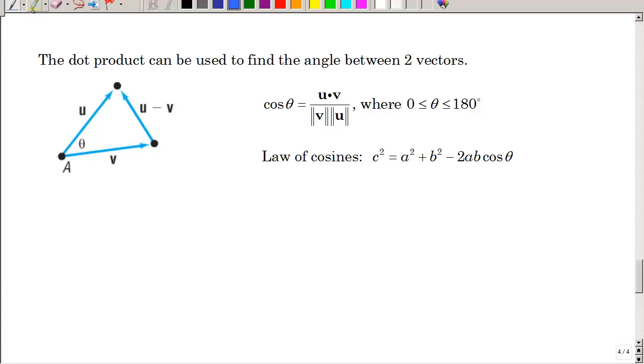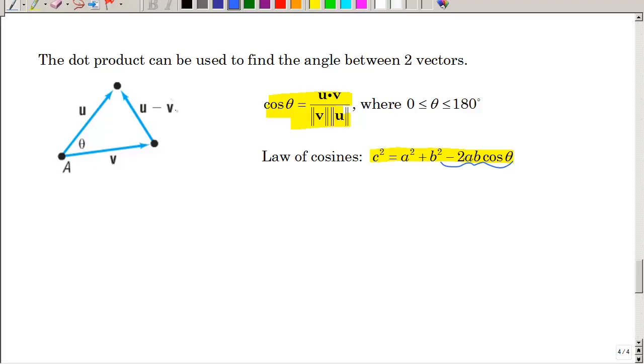Where does this formula come from? Well, we're going to derive it. It comes from the law of cosines, which is similar to the Pythagorean theorem, a squared plus b squared equals c squared, but because the law of cosines applies to non-right triangles, you get that extra little 2ab cosine theta at the end. Let's relate this picture over here to my law of cosines.